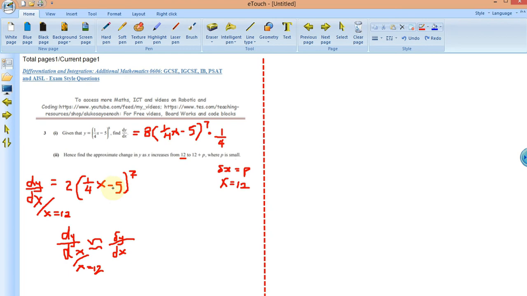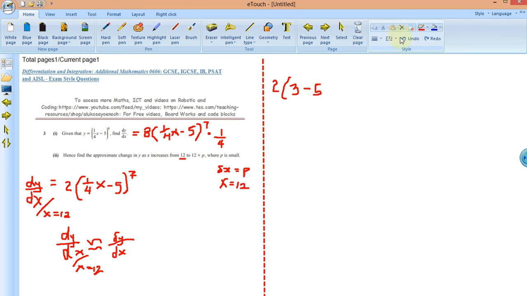So let's go ahead now. Put 12 anywhere you see x in the original function. So I have 2, open a bracket, 1 over 4 into 12, that will be 3. 3 minus 5, all raised to power 7.